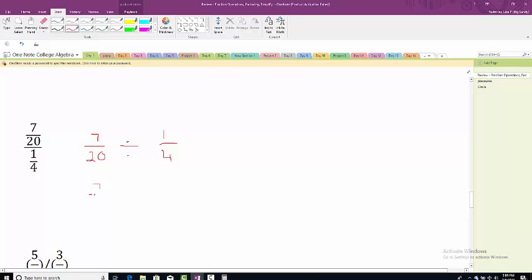So it's 7 over 20 times 4 over 1. So we multiply the top and then multiply the bottom, and we have 28 over 20, which can be simplified. One way you can tell if something can be simplified is to think of its multiples. Like 28, let's see, that's 14 times 2.